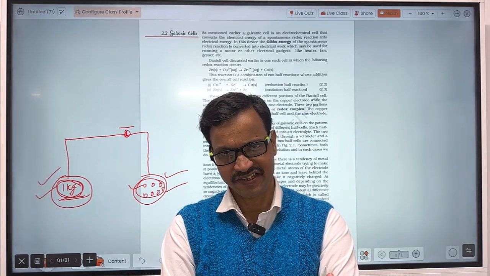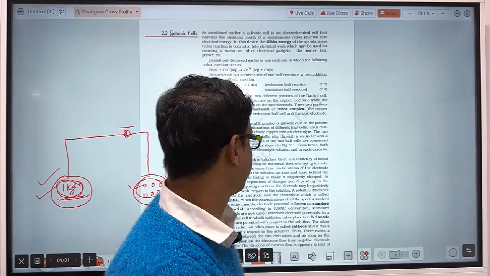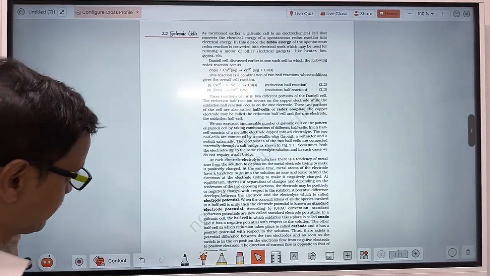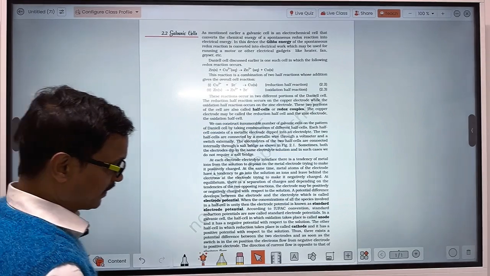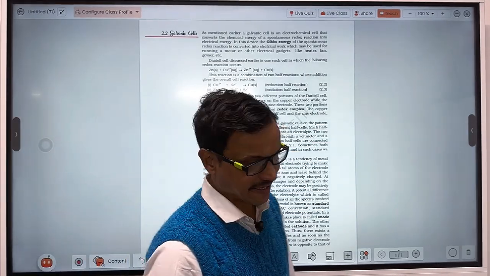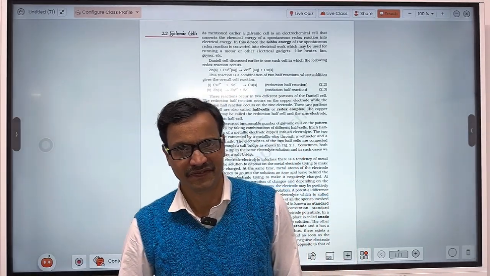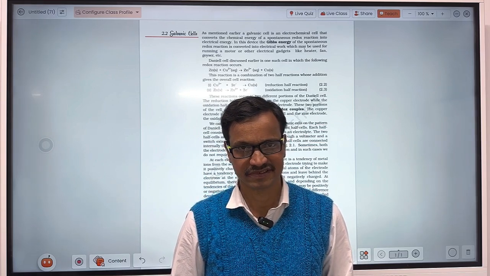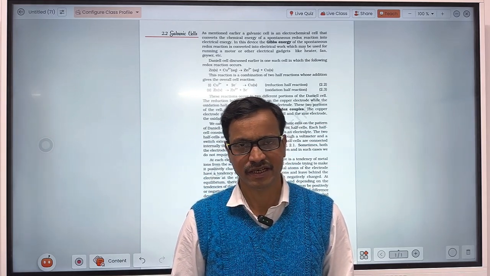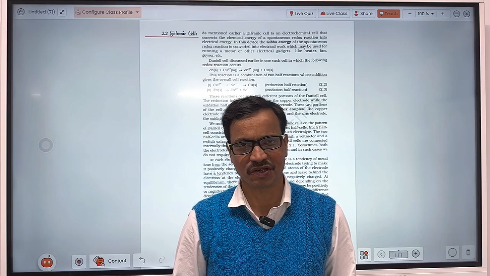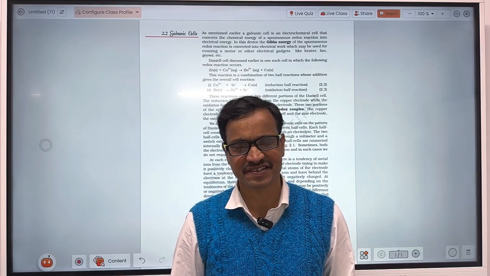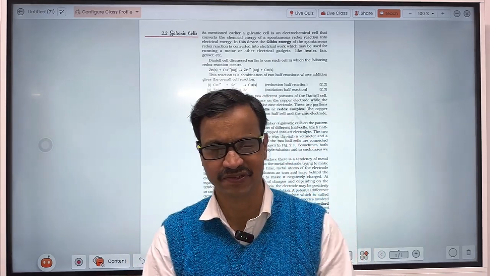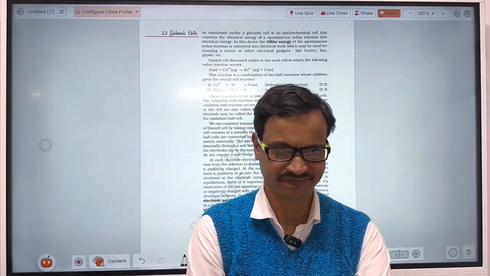So carbon 12 is considered a standard. Here, in case of galvanic cells or standard EMF, we take the hydrogen electrode as a standard, and we consider the standard electrode potential of hydrogen as 0.